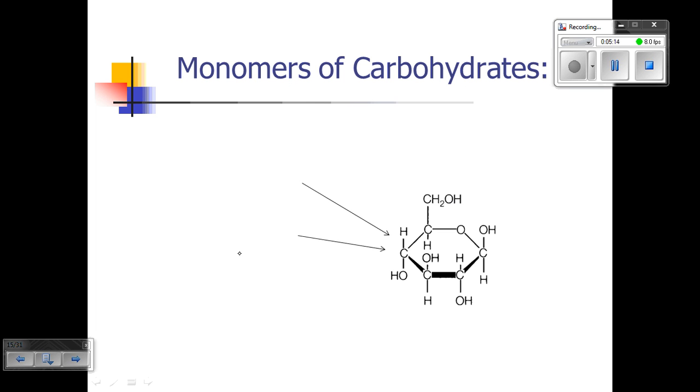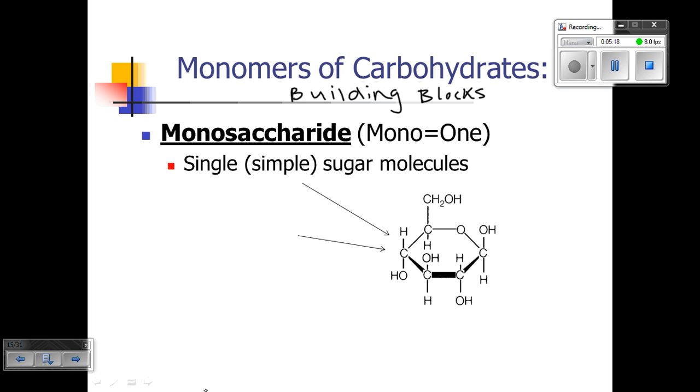The building blocks of carbohydrates are these things called monosaccharides. Again, mono meaning one. They are a single simple sugar molecule, and they consist of one ring. So one ring is a monosaccharide.